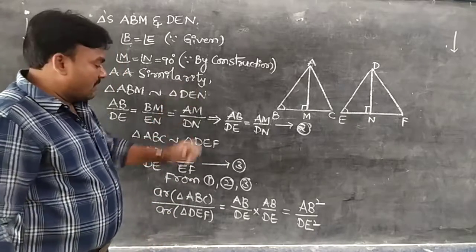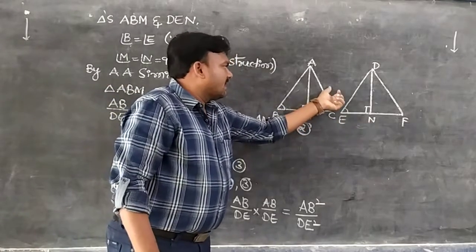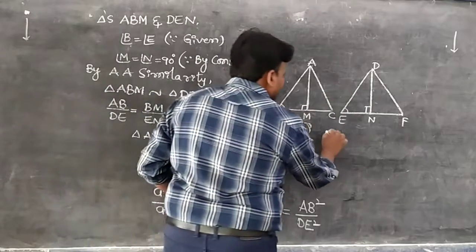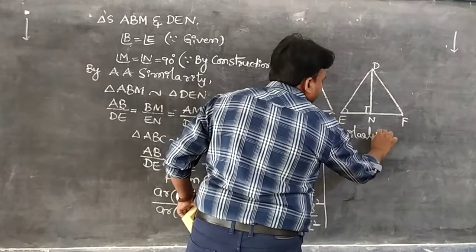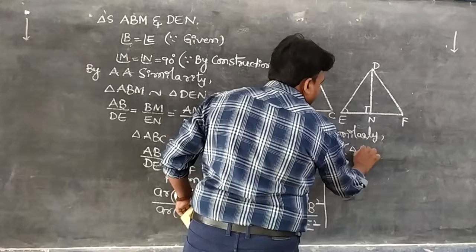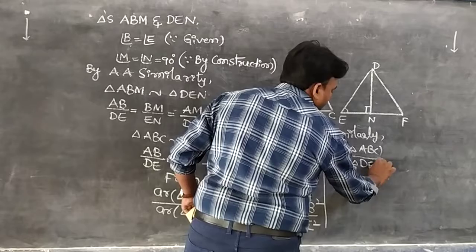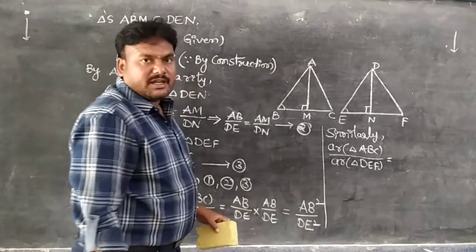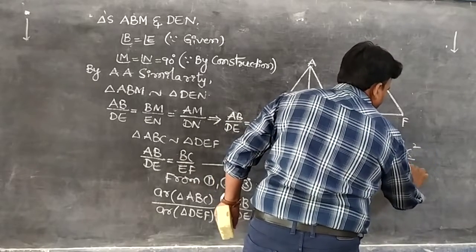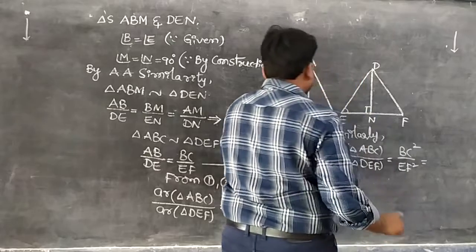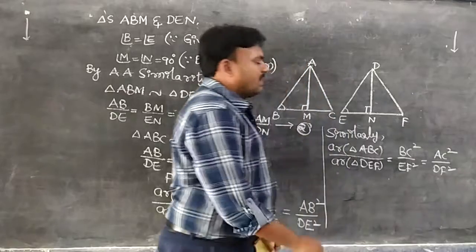So from this, observe AB by DE whole square, next BC by EF whole square, AC by DF whole square. We take these similarly. Area of triangle ABC by area of triangle DEF equals, for the remaining sides also, BC square by EF square equals AC square by DF square.